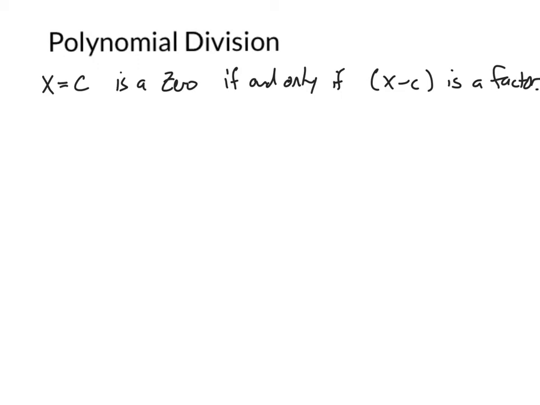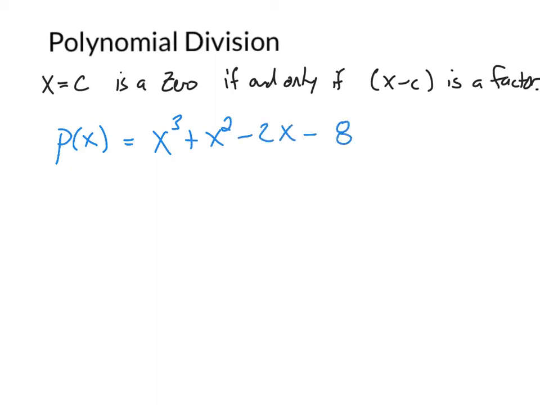I'm going to give us a polynomial, and the polynomial that I'm going to work with today is p of x, which is equal to x cubed plus x squared minus 2x minus 8.